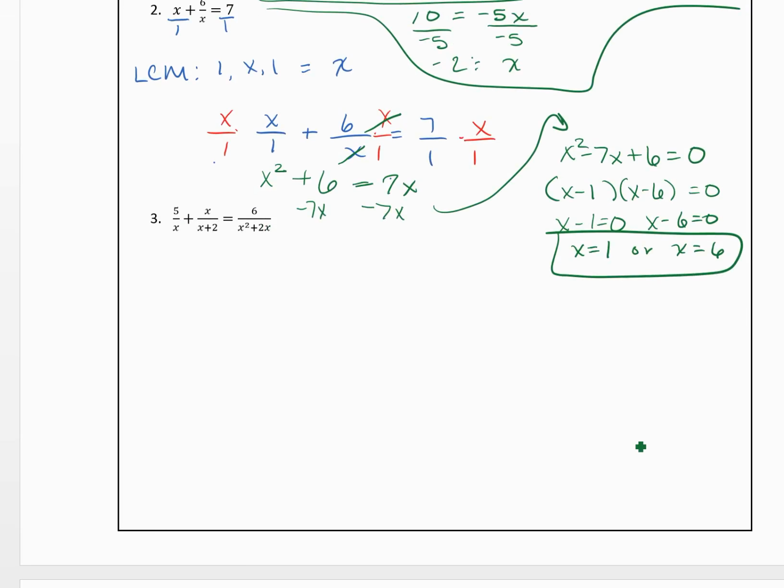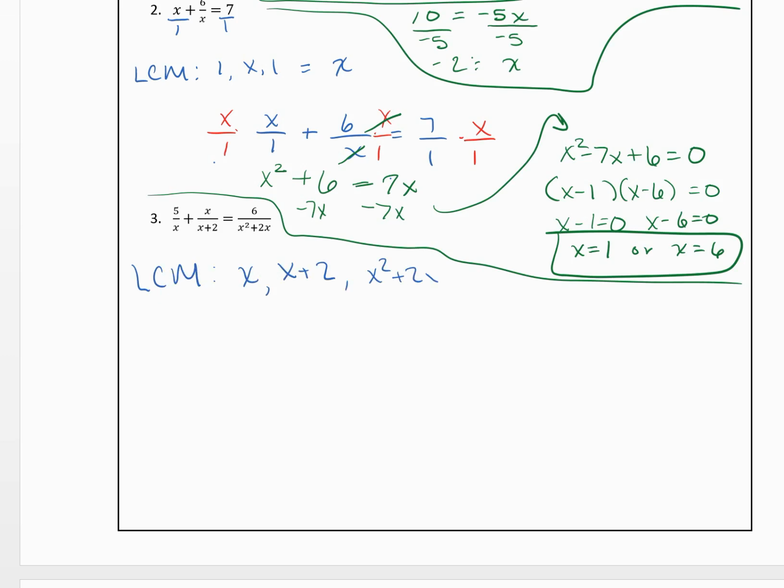Okay, let's look at one more here. We have 5 over x plus x over x plus 2 equals 6 over x squared plus 2x. So we need the least common multiple of x, x plus 2, and x squared plus 2x. Now first, let's factor x squared plus 2x. If we pull out an x, we have x times x plus 2, which you'll notice is our other two factors.